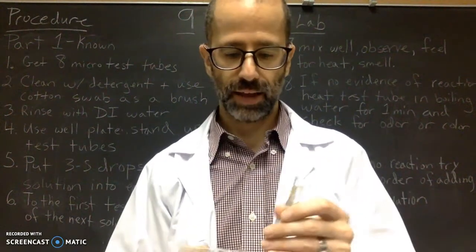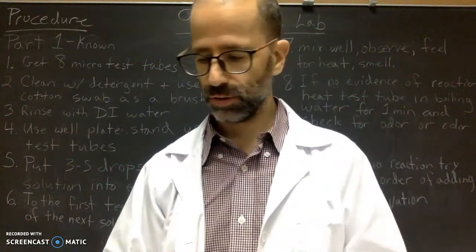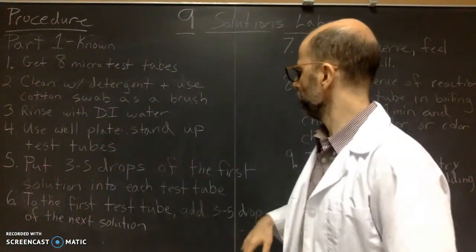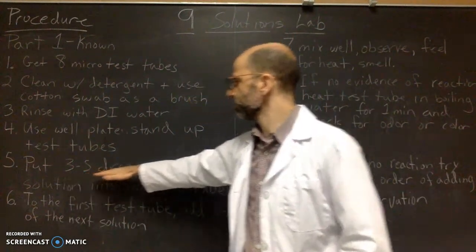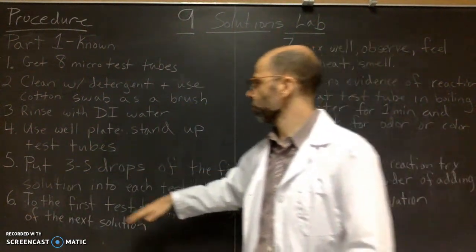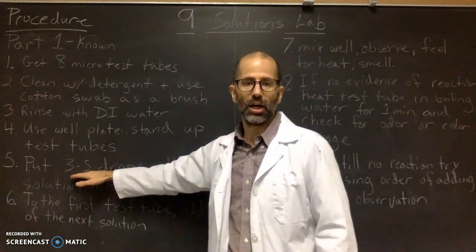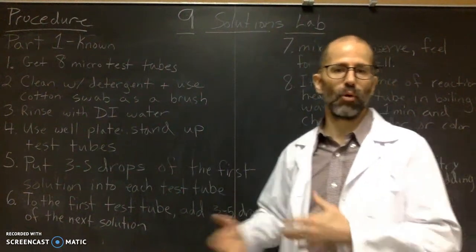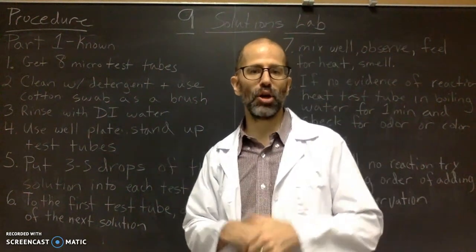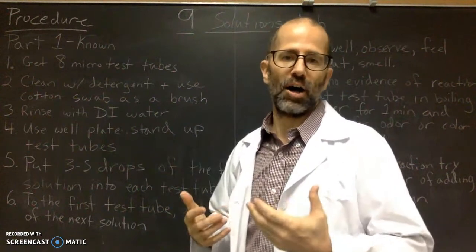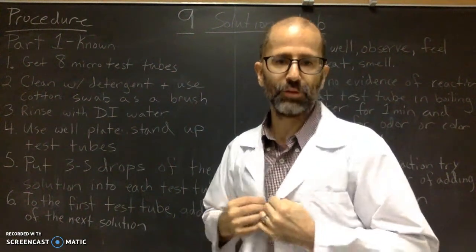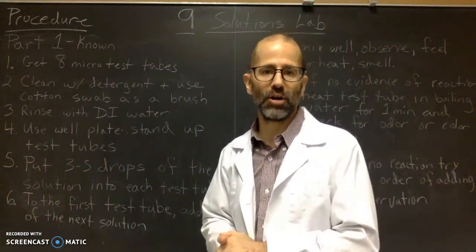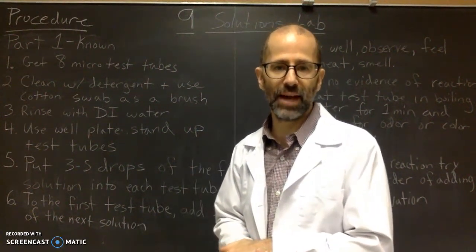And you're going to have eight of your micro test tubes. All right, so in each of your 8 test tubes, you're going to put 3 to 5 drops of your first solution. And in the pre-lab, in the video before this one, your instructor, myself, told you what the order should be because you need to have your table set up before coming into lab, right?